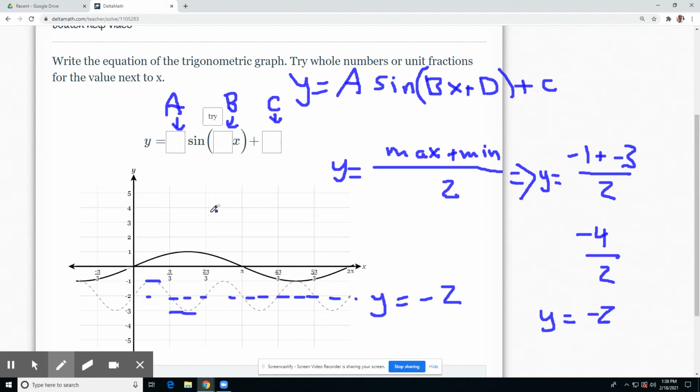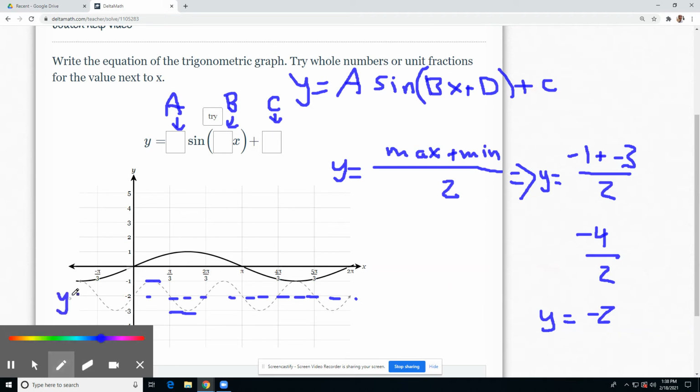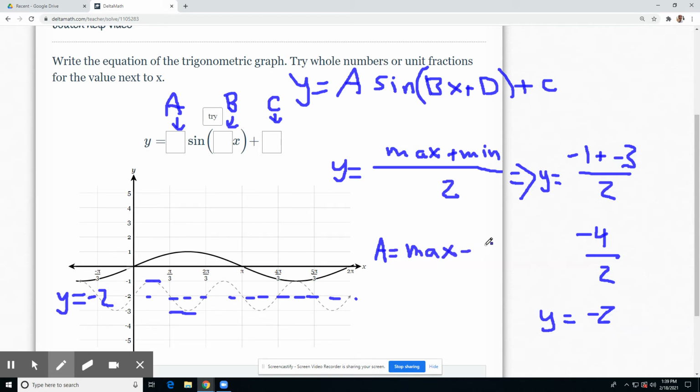And then our amplitude. I'm just going to go ahead and do it. Our amplitude is equal to the max minus the midline.